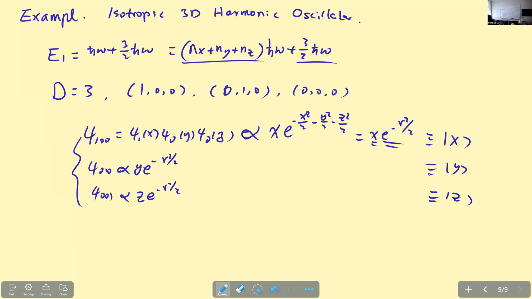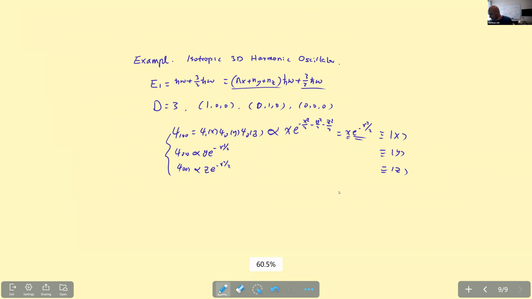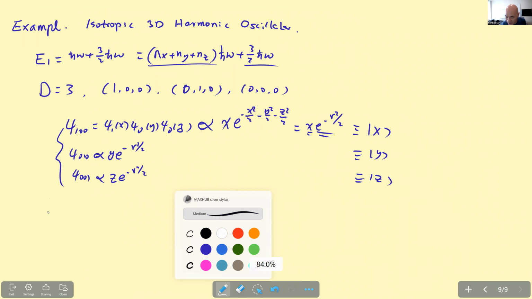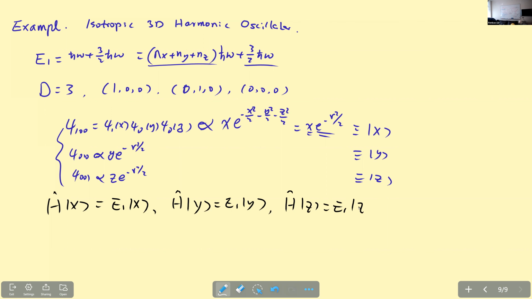And of course, as I said before, these are the eigenstates of the Hamiltonian. So you have H on x equal to E1 x, H on y equal to E1 y, and H on z equal to E1 z.